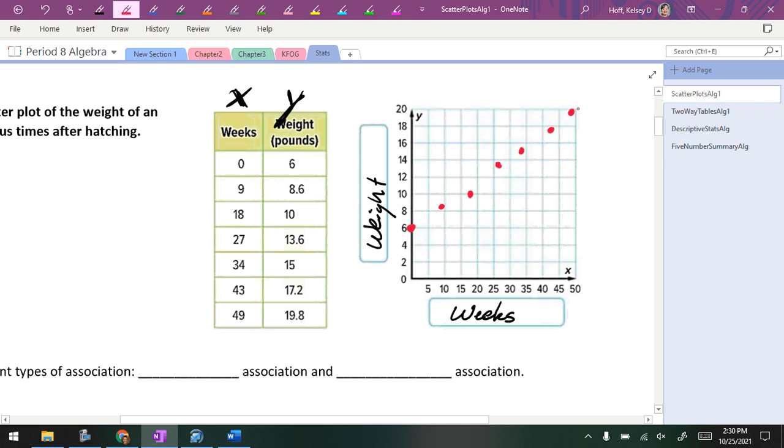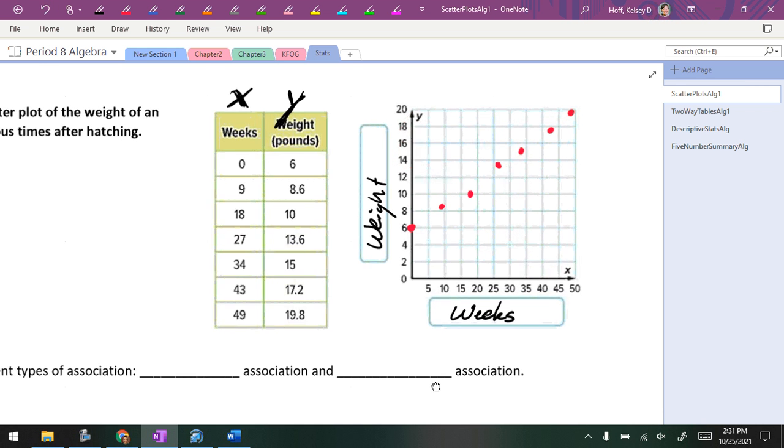Yours should look pretty close to mine. Agreed? They might be off but just a hair. But overall, you shouldn't have something up here in this left-hand corner. All right, scatter plots, pretty straightforward.